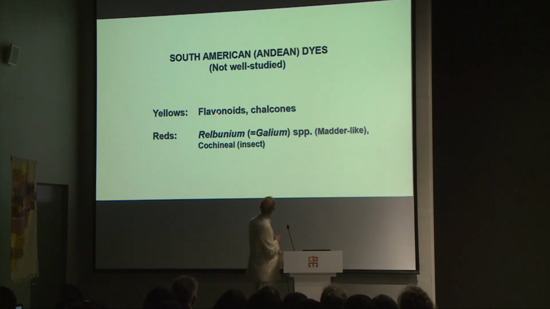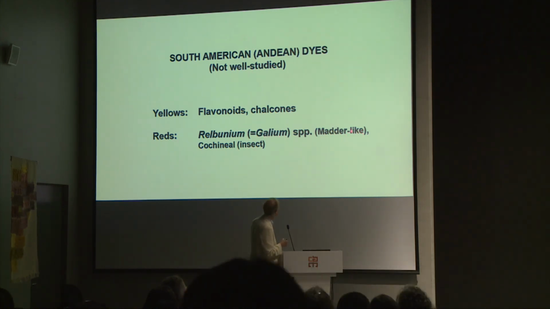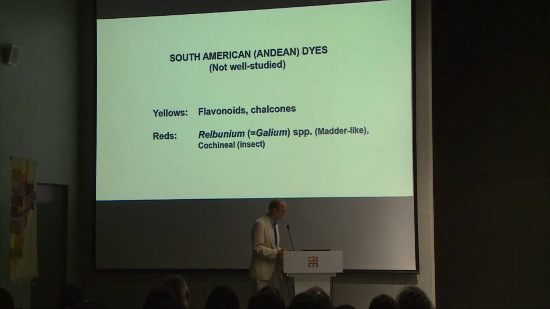The samples that we did analyze looked like flavonoids, and we found some chalcones, which we've never seen anywhere else. I'm not sure why that is. And then the red, commonly used Relbunium, which is a type of madder, or it's Galium actually. It's madder-like, and cochineal, which they probably got from Central America someplace.